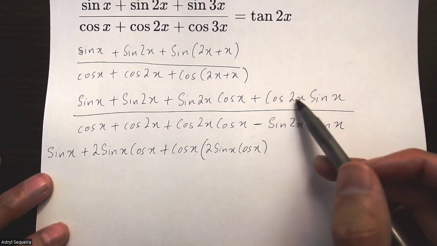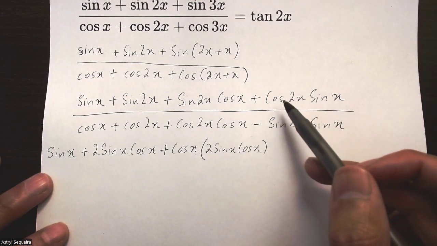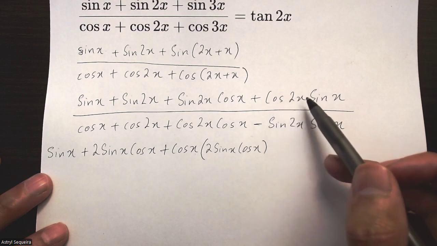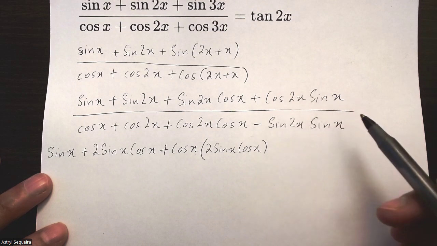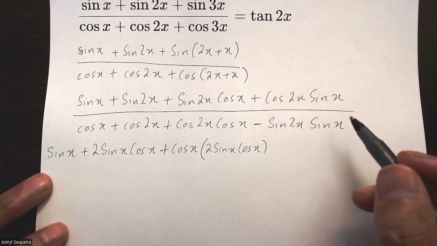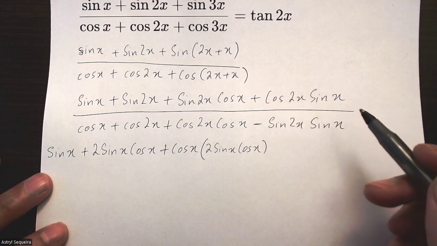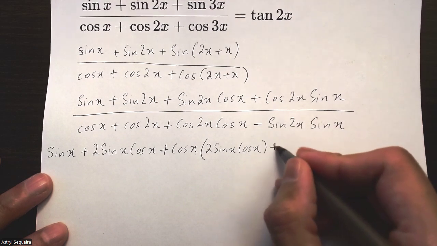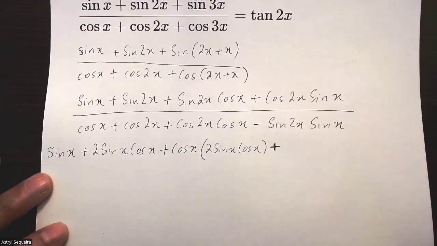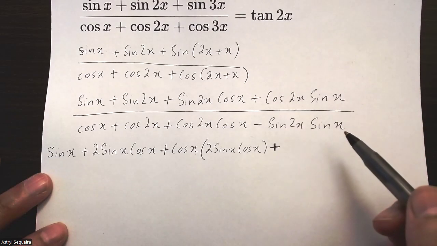For this one here, I have three different choices of what to convert cos 2x into. Cos square minus sine square, 2 cos square minus 1, or 1 minus 2 sine square x. And the option that I'm going to pick over here is going to be 2 cos square x minus 1.